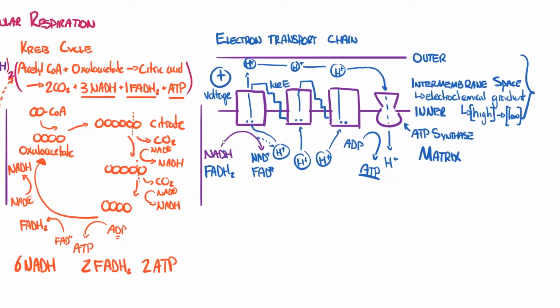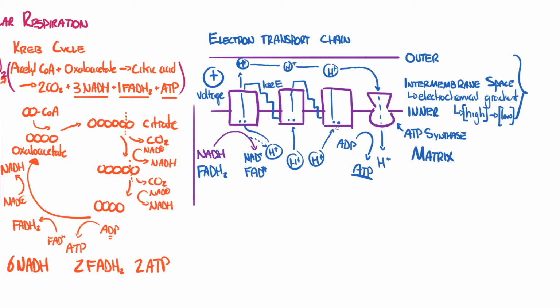The final product that's going to be produced here, when oxygen comes by, is it's going to pick up those electrons. There's a bunch of hydrogen floating in the matrix, and it's going to make a bond and make water. It's going to make H2O. So very, very important end product.